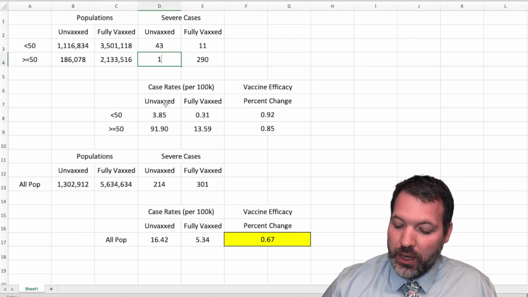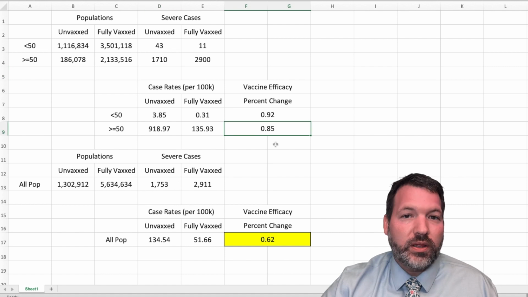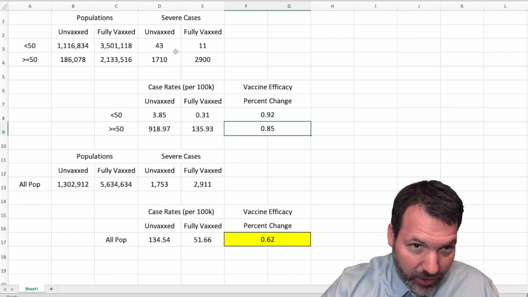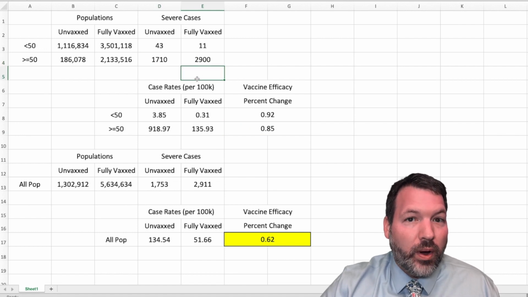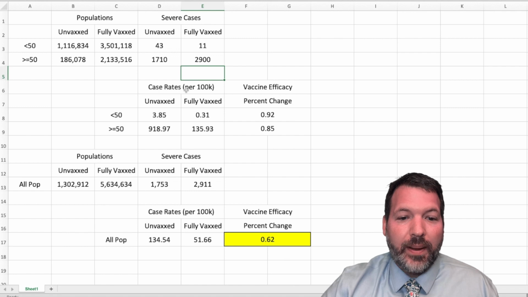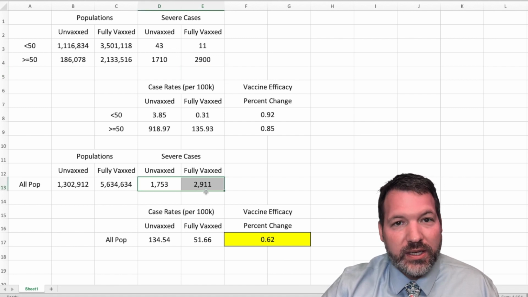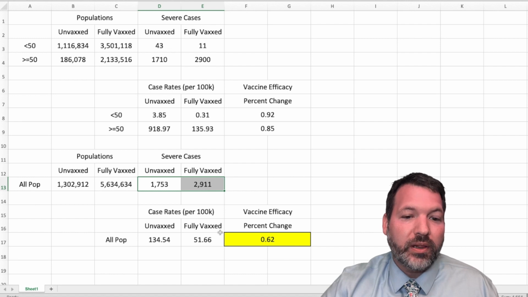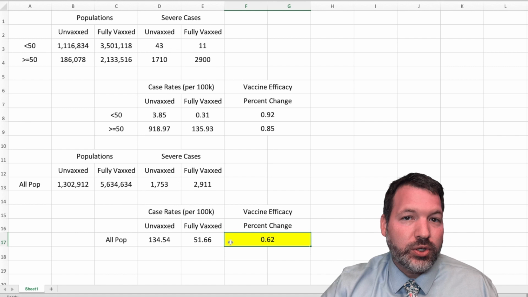For example, I could make them larger by a factor of 10. And you can see within that population, obviously, your vaccine efficacy is still the same, because again, the proportion of cases has not changed. But obviously we have way more cases just in terms of the absolute numbers, and that definitely changes these populations of cases among your total population. And that brings vaccine efficacy way down in that same total population.